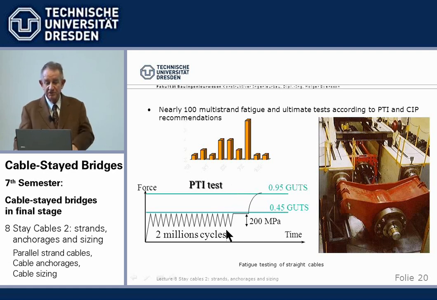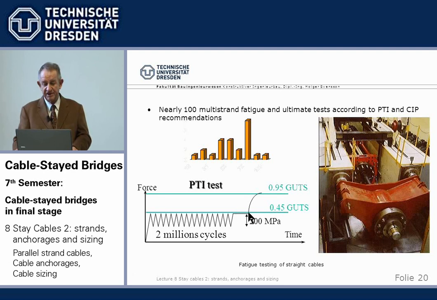But here we use the abbreviated 2 million cycle test, and the cable is stressed to the permissible stress under service conditions, which is 0.45 of GUTS. Now, you all know GUTS, but this means guaranteed ultimate tensile strength.